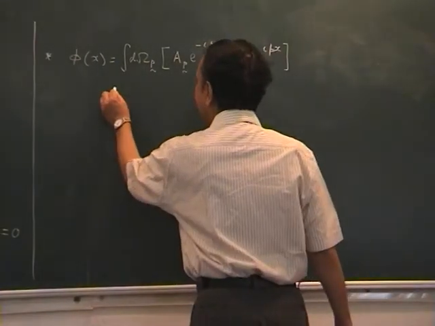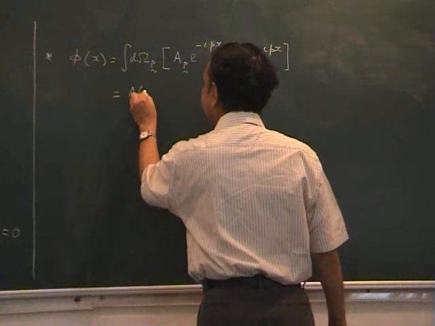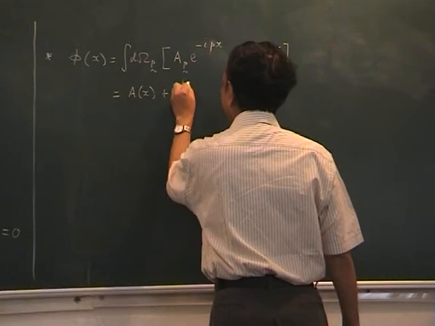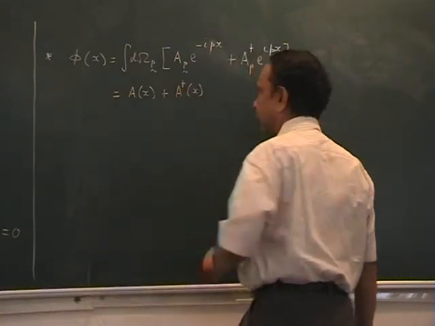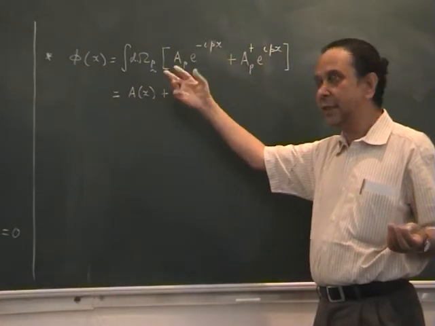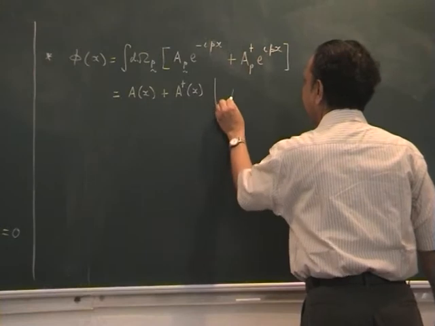For that it is convenient to go back to our old notation which we used. We will think of it as a field A of x plus a field A dagger of x, where A of x defines this quantity. It is completely Lorentz invariant, and this commutation relationship between the a p's is also in a Lorentz invariant form.